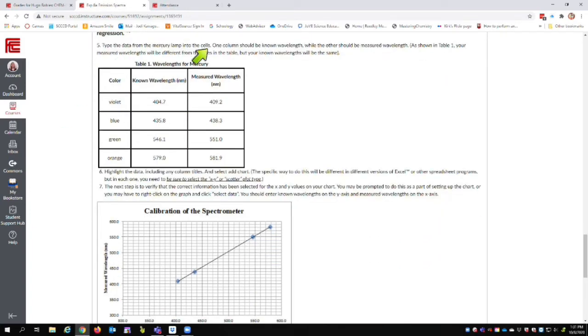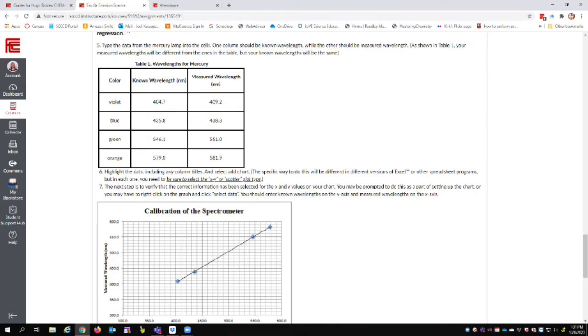From the example here, there's the violet line. Here's the known wavelength. So we know from measuring these with precise instruments that the violet line for mercury is at 404.7 nanometers. Now, in this example, this person must have had a better spectroscope with better resolution, because they're saying it's 409.2.